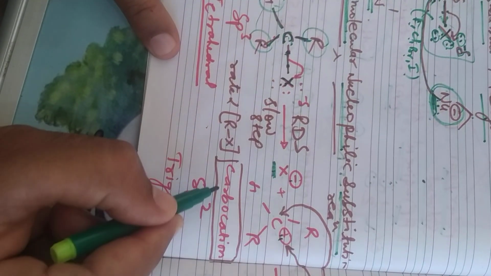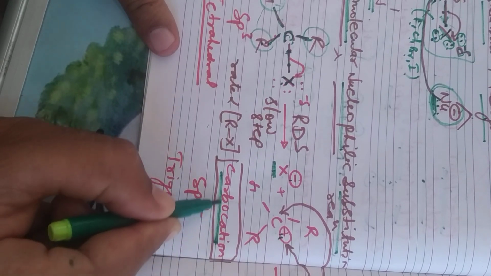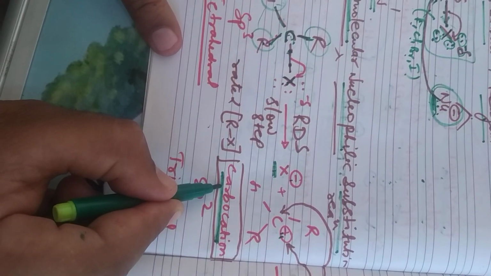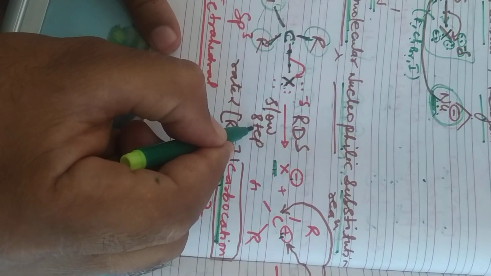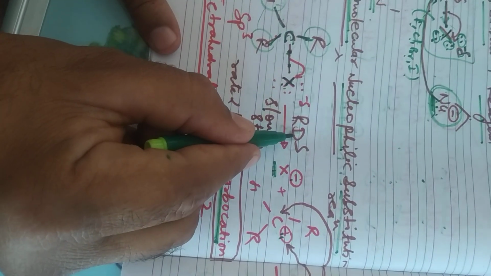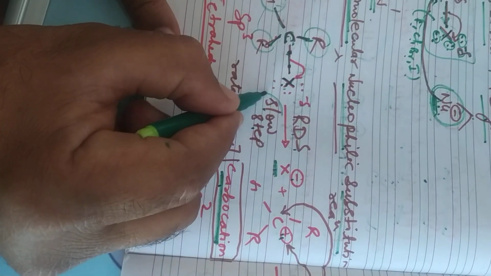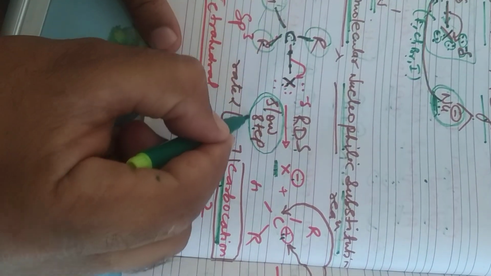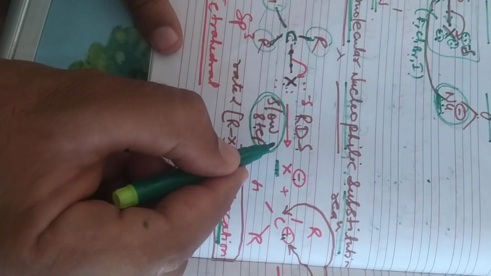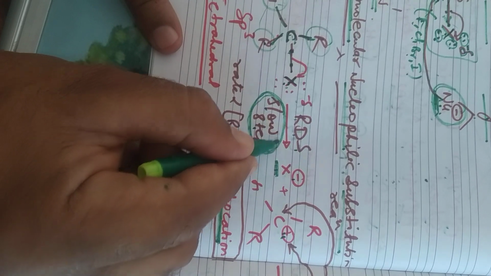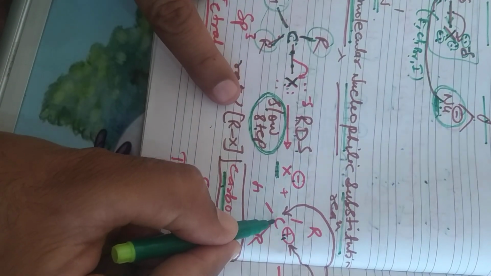This C plus is known as a carbocation. Once this carbocation is formed, this step is the slow step, the rate determining step, because in any reaction the slowest step is the rate determining step. Why is this step slow? Because it depends on the stability of this carbocation.